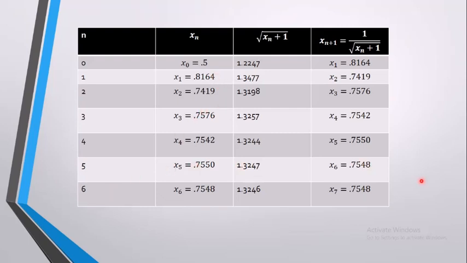Moving on, it takes around 6 iterations. When I land upon my sixth iteration, I get x6 as 0.7548. Then I find the root, 1.3246. In the final column, I find out what x7 is. I get it as 0.7548, or sometimes you might get 0.7549.